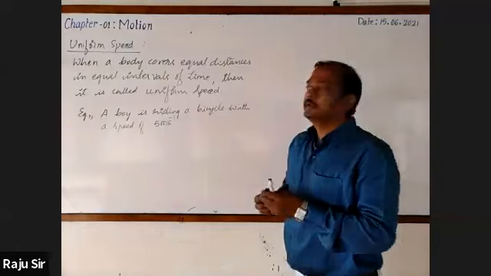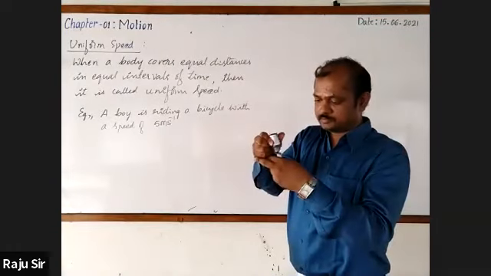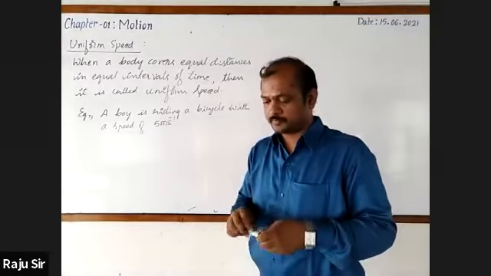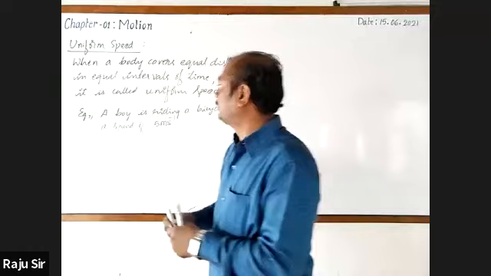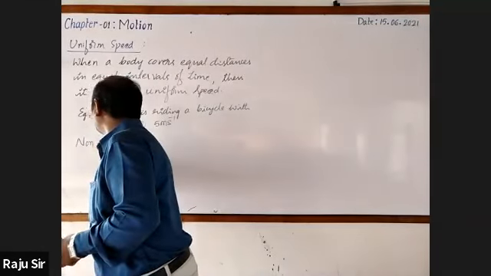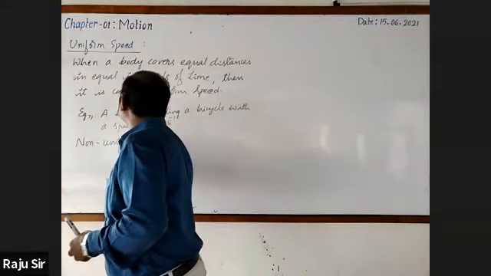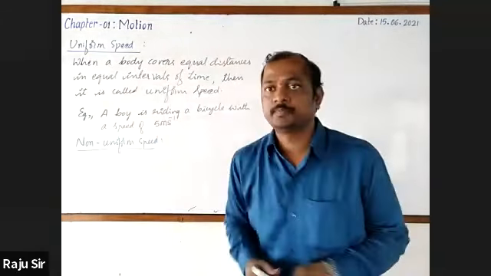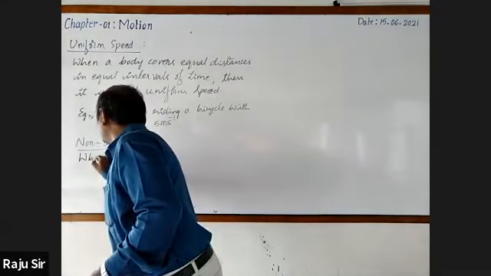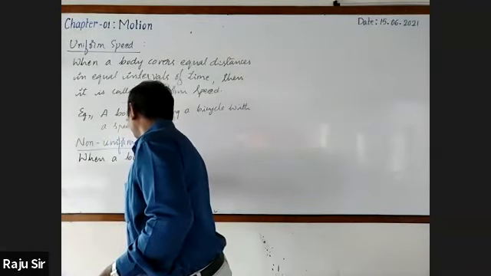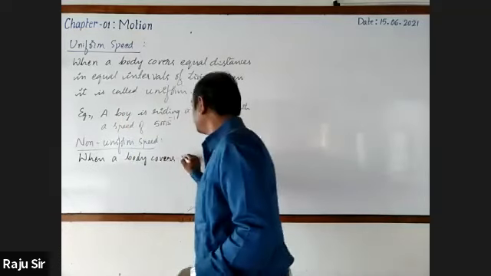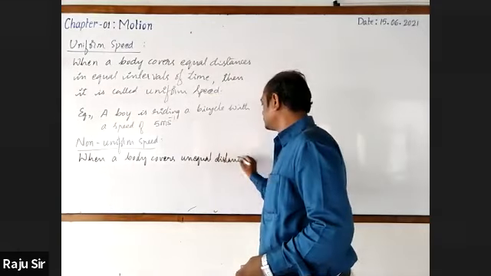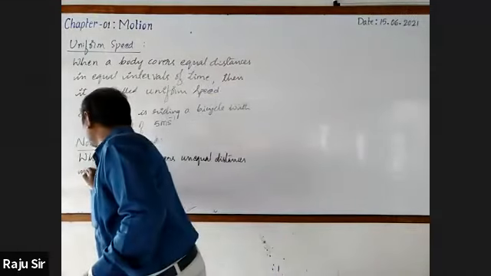Next one, non-uniform speed. Right. When a body covers unequal distances in equal intervals of time.